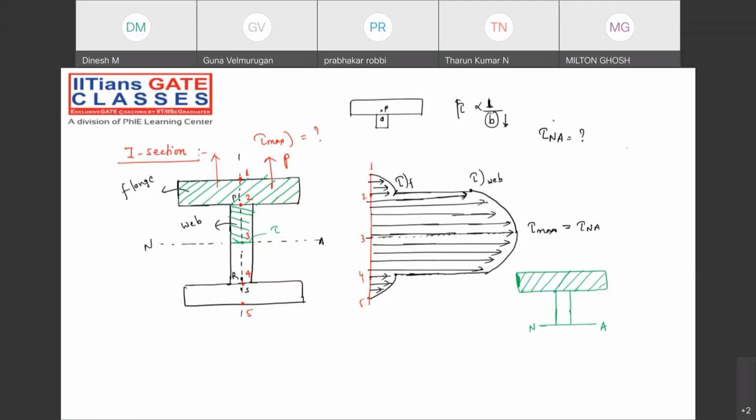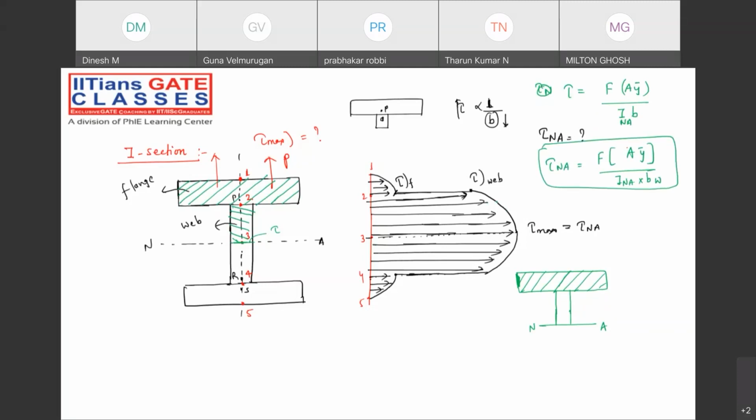What is the tau formula? F into A Y bar divided by I multiplied by the width of that particular fiber. So for the tau neutral axis, F I will put, A Y bar I will put like this, divided by I neutral axis, and the width of the web section I will put simply. That will be my answer.